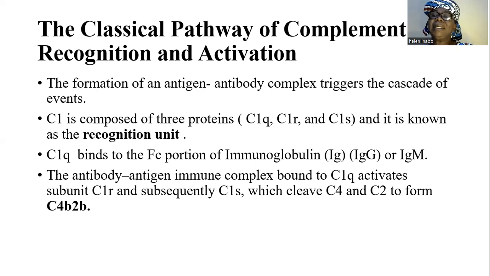What triggers this cascade of events? The formation of antigen-antibody complex is what triggers the cascade of events in the classical pathway. The C1 component is made up of 3 proteins, C1q, C1r, and C1s.